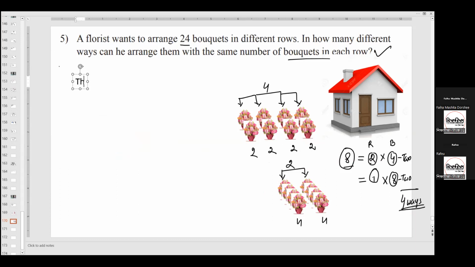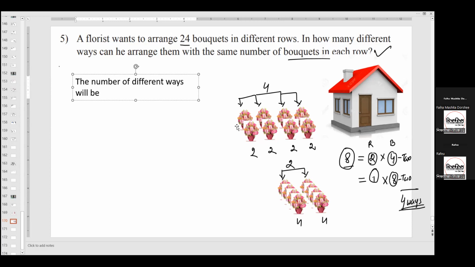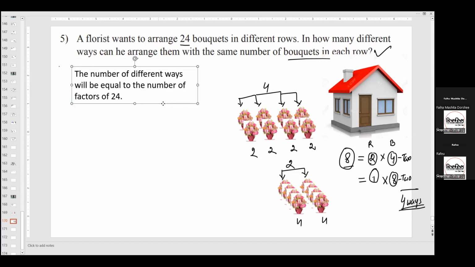So the number of different ways will be equal to the number of factors of 24, right? So now we have to find out all the factors of 24, and the process is very simple.